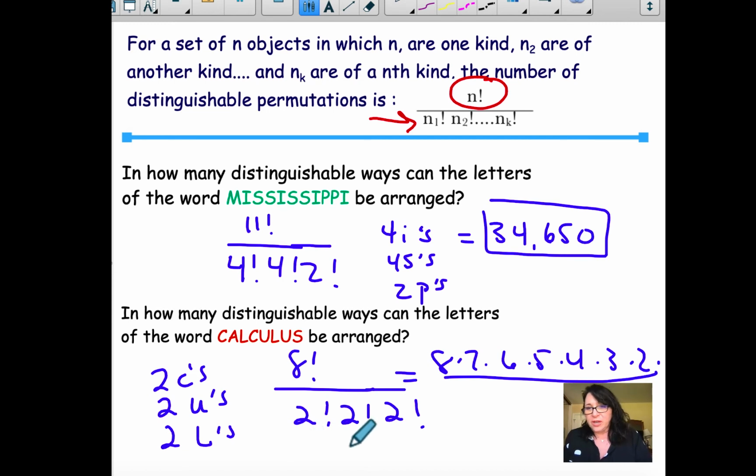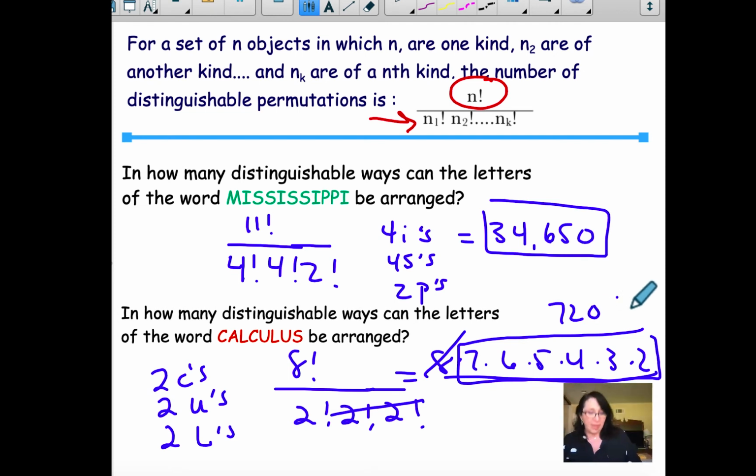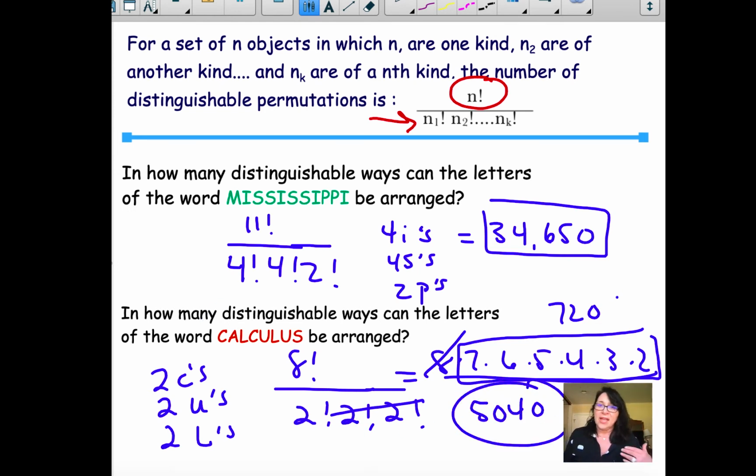Those 2 times 2 is 4, times 2 is 8. I'm going to knock that out with the denominator, and now I just have 6 factorial left over, right, which we know is 720. And then 720 times 7 is 5,040. And so that's how many different ways the letters of the word calculus can be arranged.